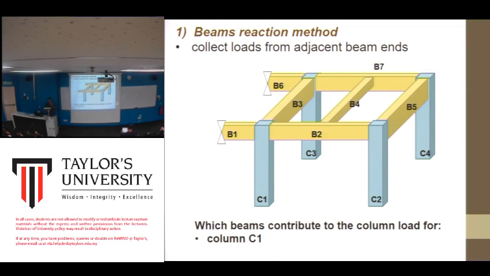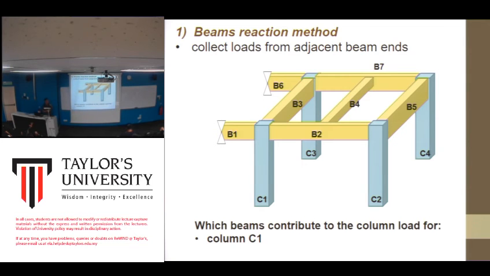But if you do this in the calculation, it's going to take forever to finish. Just imagine that you have this column. You need to use the formula that you learned in the beam topic, the beam reaction method. You need to know the load carried by the beam. If there's a brick wall, you need to know the load from the brick wall, the self weight of the beam, and the slab self weight.